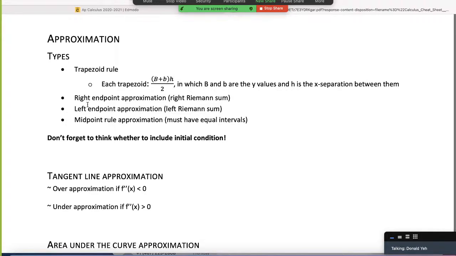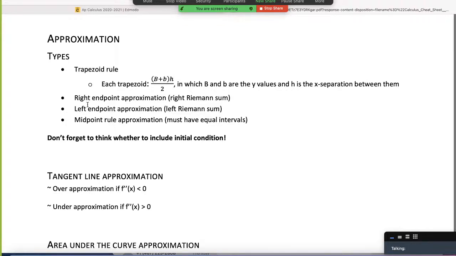You can draw it really easily. Concave up like this. Now, when you draw a trapezoid, it's going to be over. Does that make sense? When you have concave down, when you draw a trapezoid, it's going to be an under approximation. You can take a picture of that or draw it in your notes.